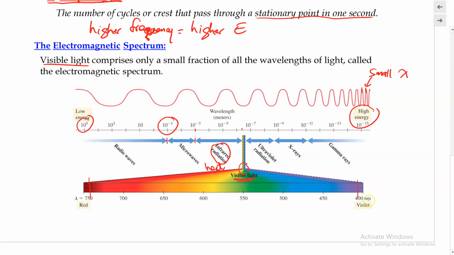So the violet wave will have higher energy compared to the red wave, which has lower energy. After the visible range, we have the ultraviolet radiation, and then after that the X-ray and the gamma ray. These are some of the highest energy types of radiation that we have.